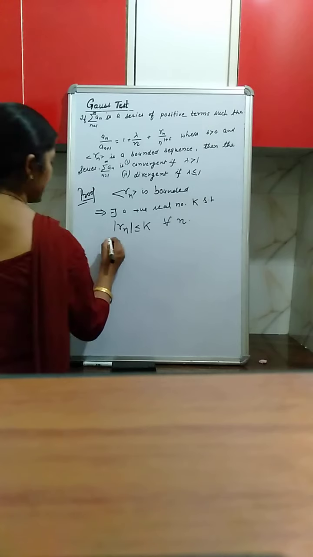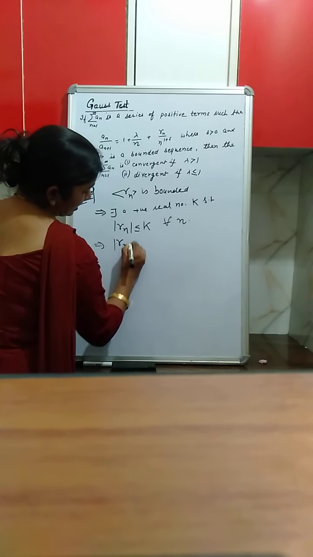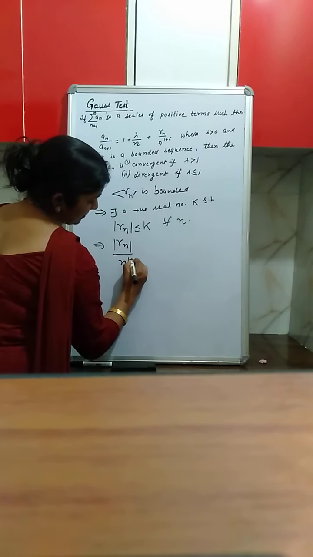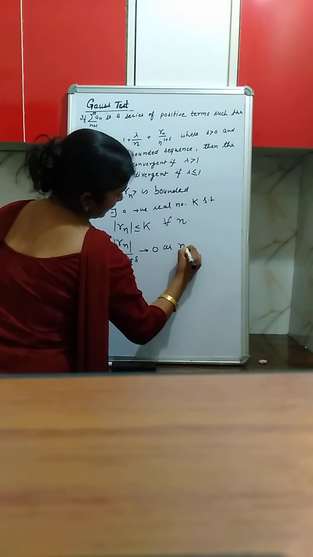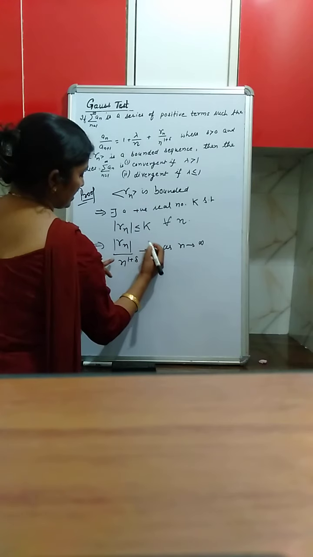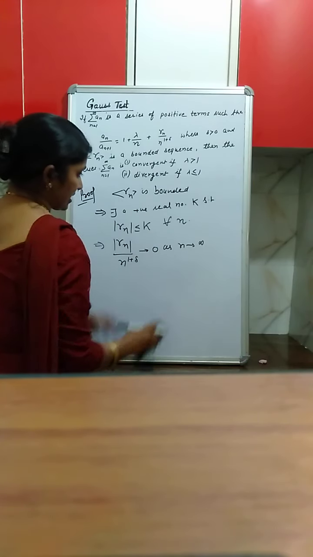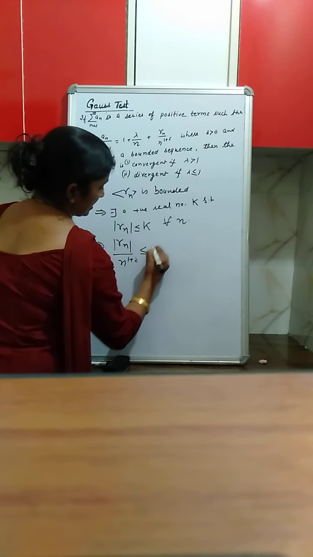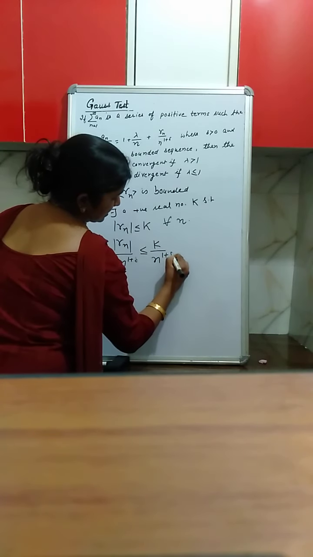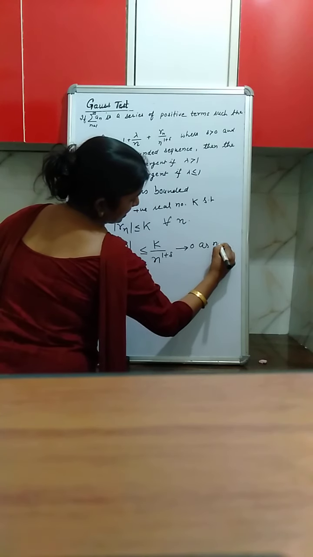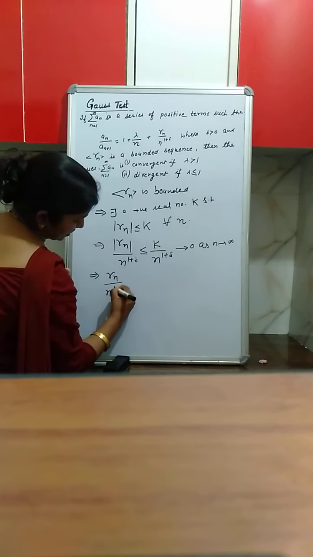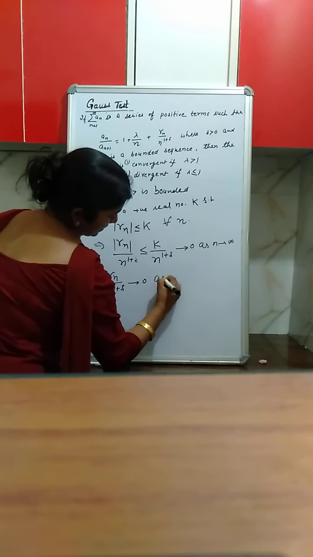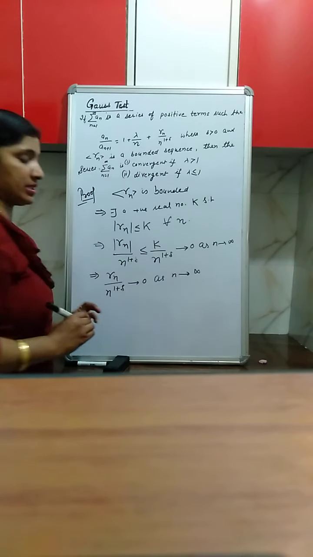And this implies modulus of gamma_n divided by n raised to the power 1 plus delta is less than or equal to k upon n raised to the power 1 plus delta, which approaches 0 as n approaches infinity. It implies gamma_n upon n raised to the power 1 plus delta approaches 0 as n approaches infinity.